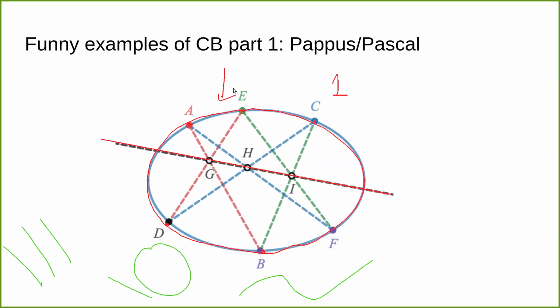Yeah, conic plus black line. So you just do this. Like this guy and this, wait, is that right? No, that's not right. You do it on this guy and this guy.